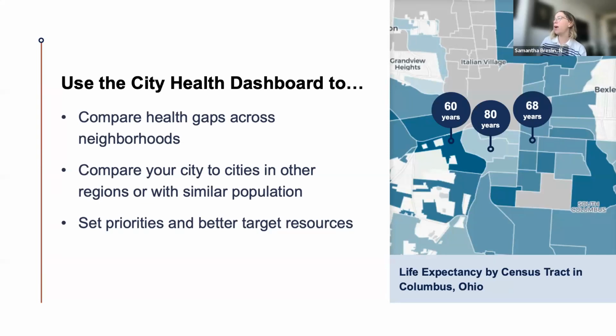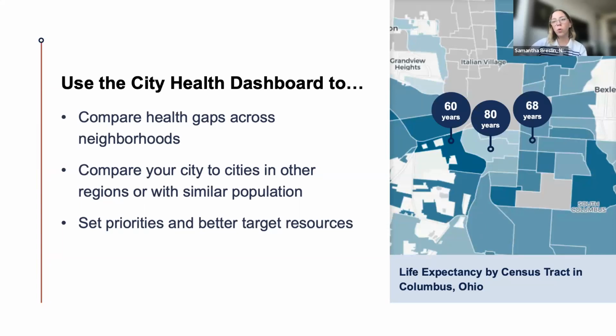You're able to compare health gaps across neighborhoods in a city. I've just flagged 3 neighborhoods in Columbus, Ohio. We're looking at life expectancy here. These 3 neighborhoods are less than a mile apart, but residents living in these neighborhoods have very, very different life expectancies that range from 60 to 80 to 68.